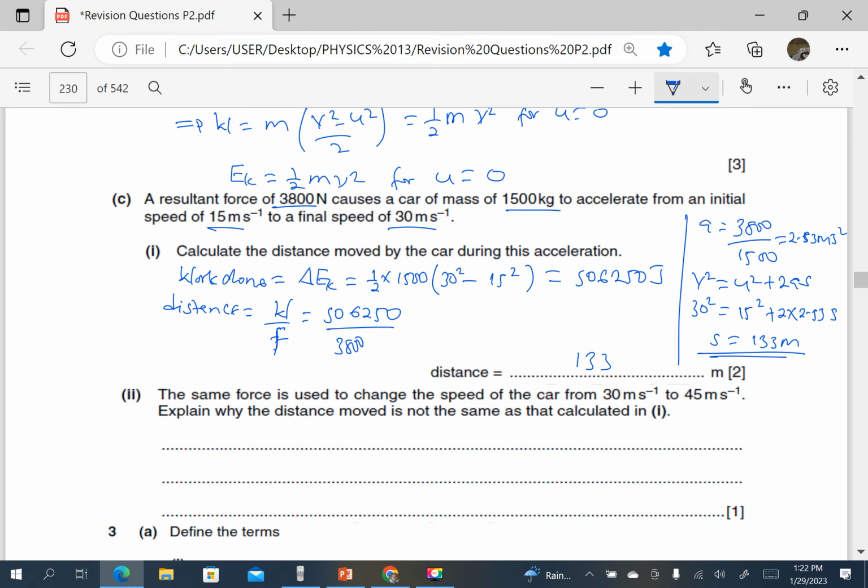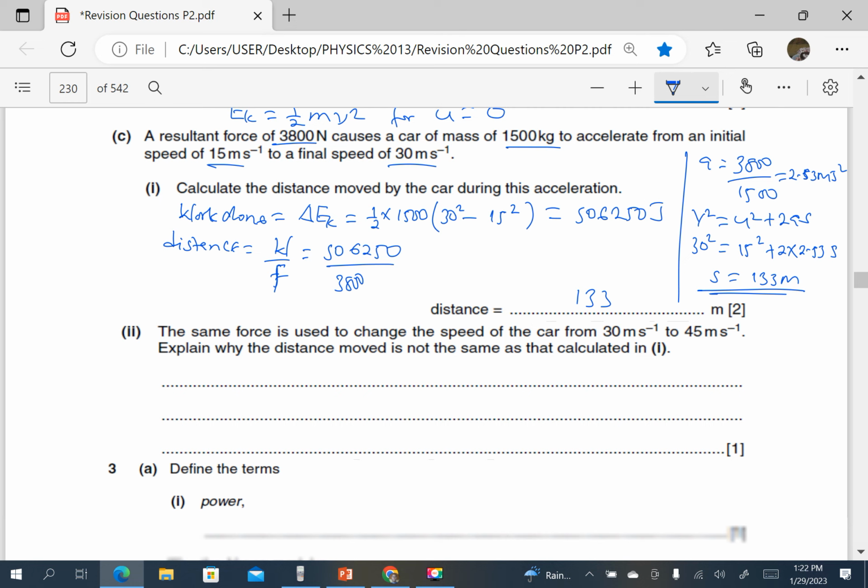The same force is used to change the speed of the car from 30 to 45. Explain why the distance moved is not the same as that calculated in 1. Now the speed is changing from 30 to 45, so the work done is not the same since the change in kinetic energy is different.